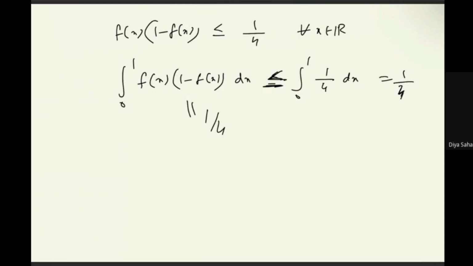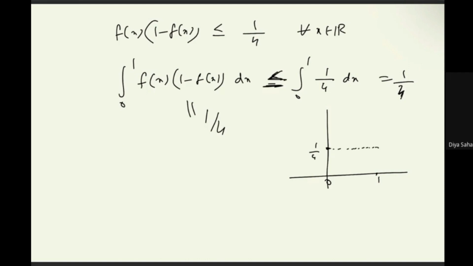Someone says constant function. Yes, why is that? We are using continuity and everything. That's the important thing. So geometrically, this is how it looks like. This is 0, this is 1. Say this is 1/4, this is the line 1/4.